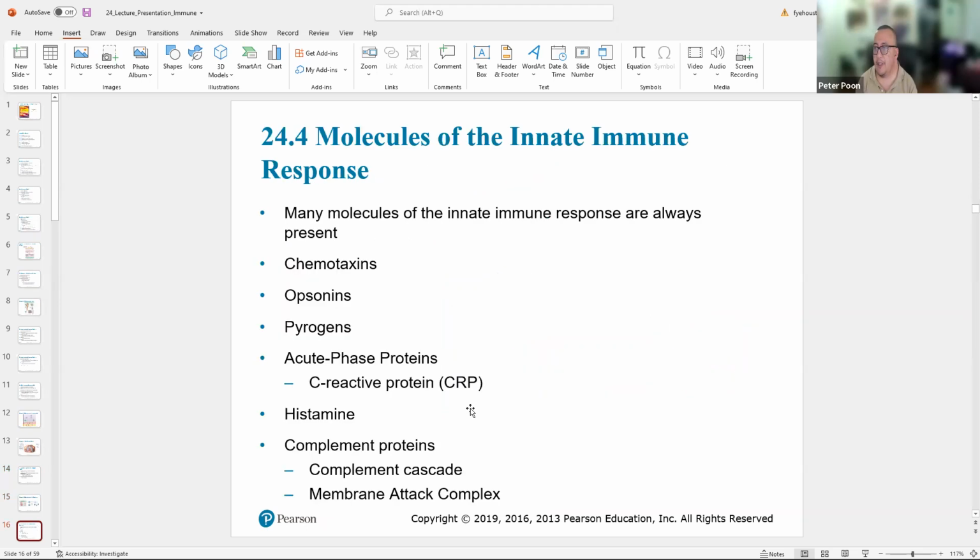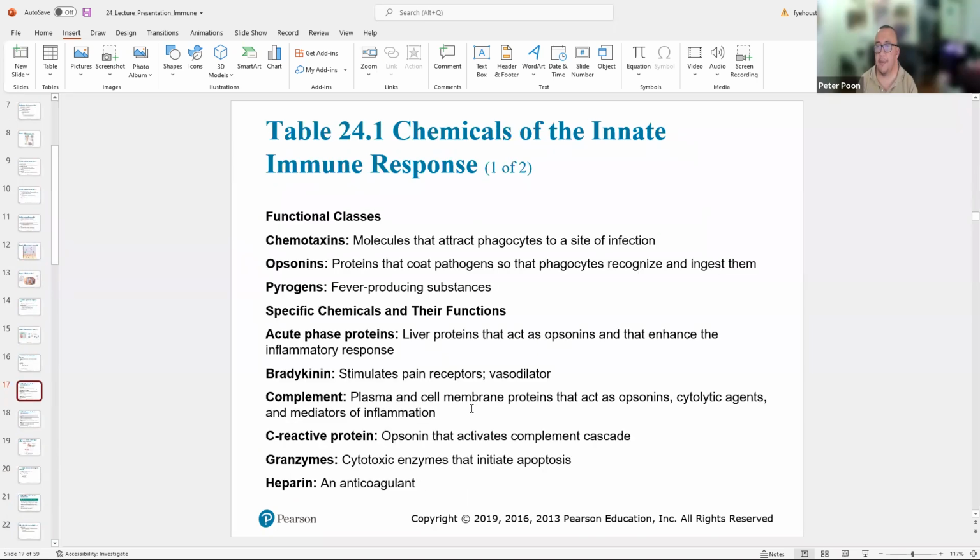Developmental tolerance. There are some definitions I really want you to know. The ones I check off, you should definitely know. Chemotaxins, you should know.